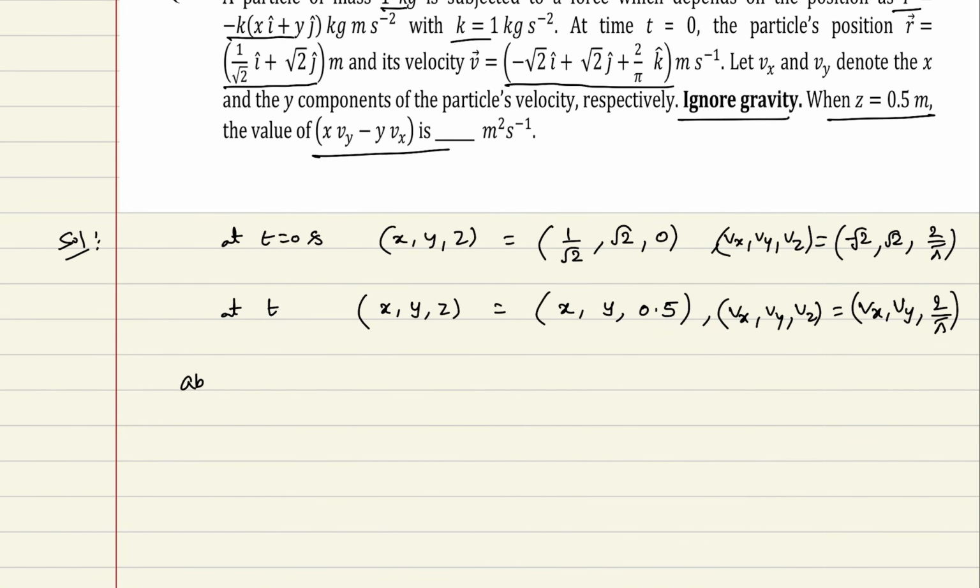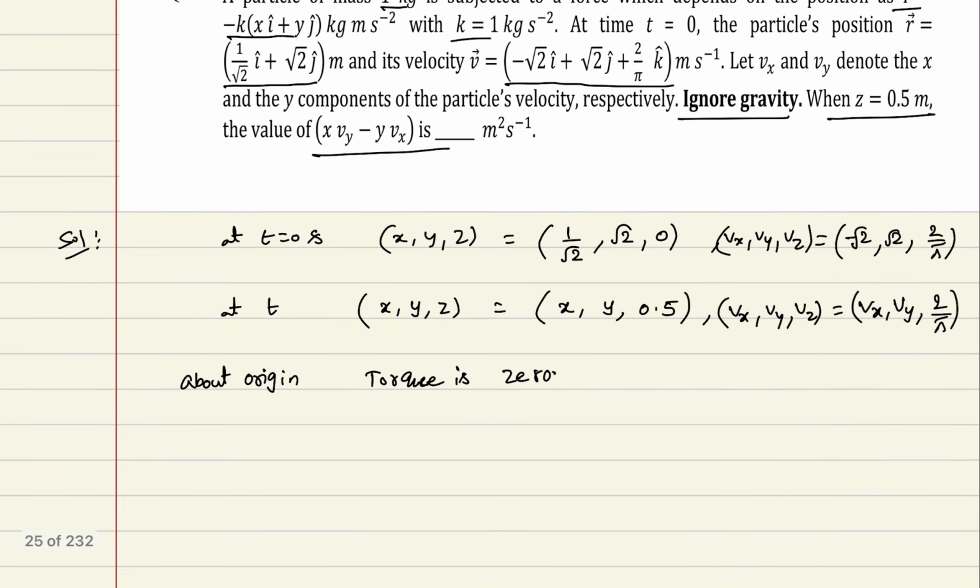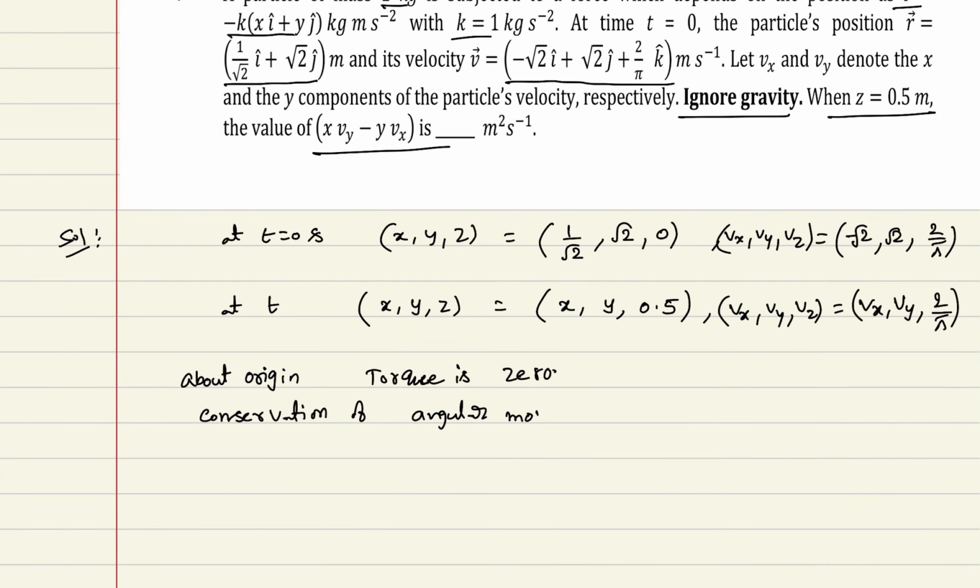Now we can see that about origin, at x equal to 0 and y equal to 0, force is 0. Torque also about origin is 0. If torque is 0, we can apply conservation of angular momentum about origin.